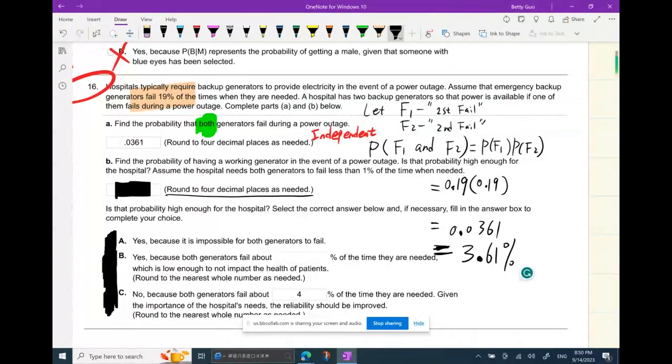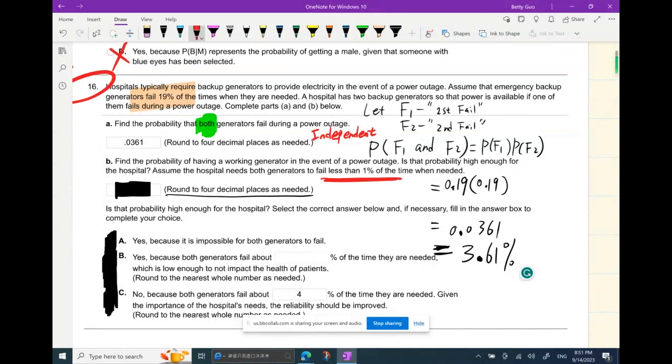Oh, hold on. Part B. Find the probability of having a working generator in the event of a power outage. Is that probability high enough for the hospital? Assume the hospital needs both generators to fail less than 1% of the time when needed. That's the standard, less than 1%.